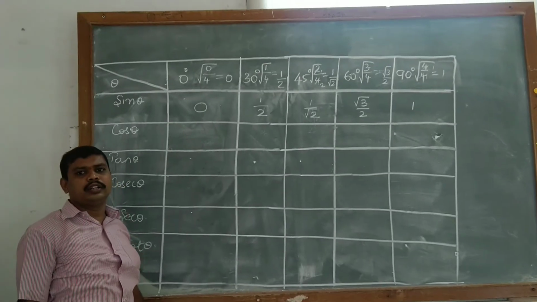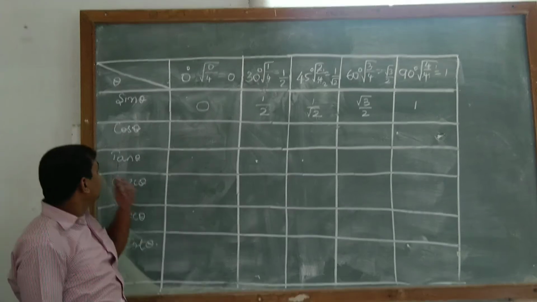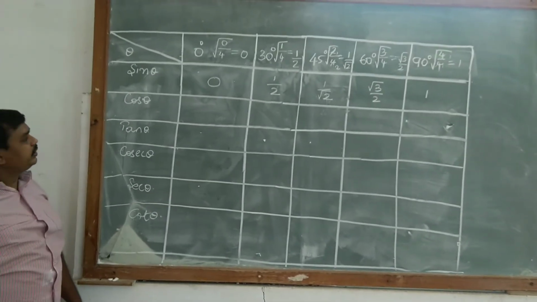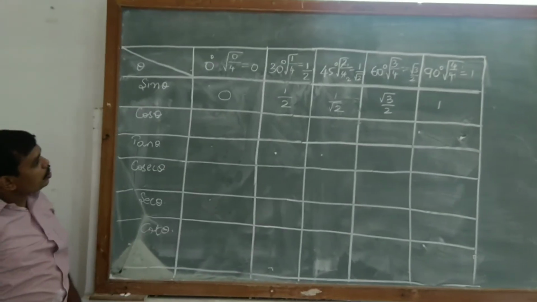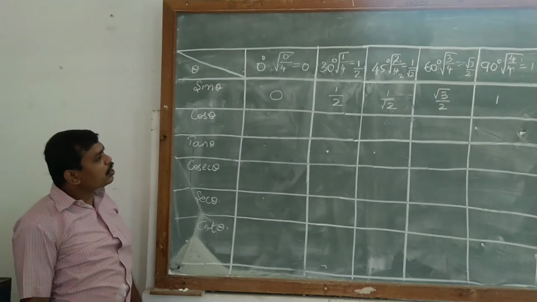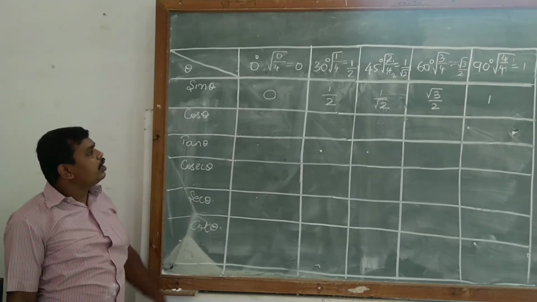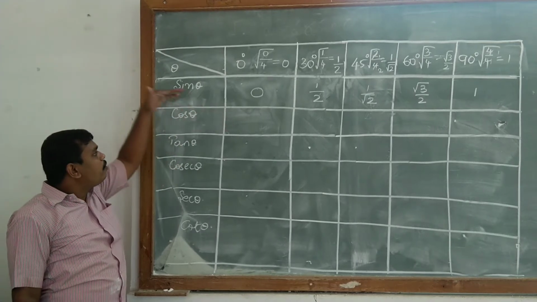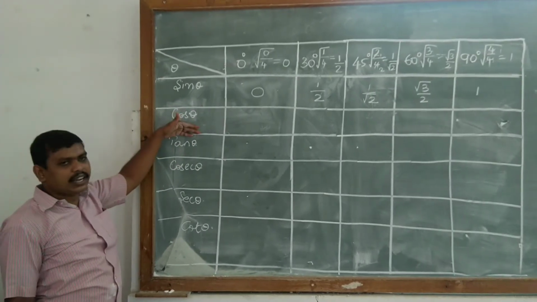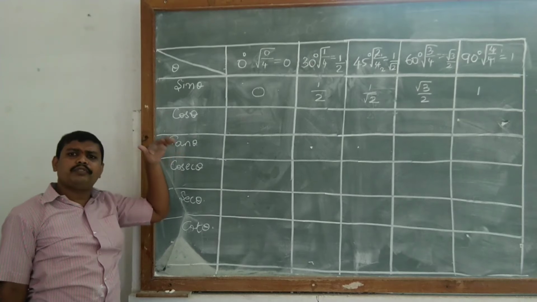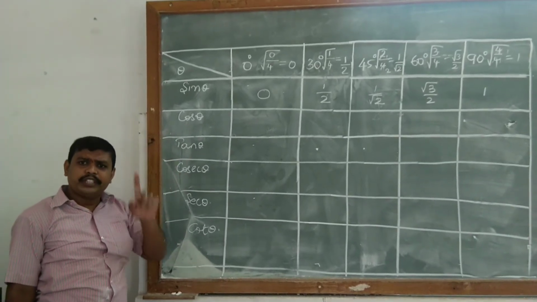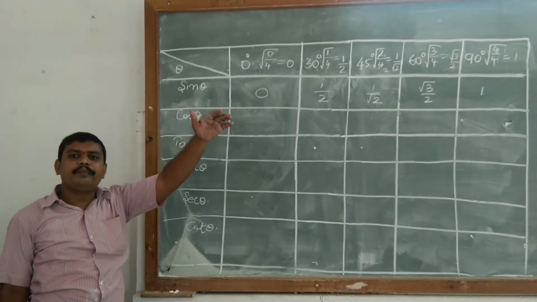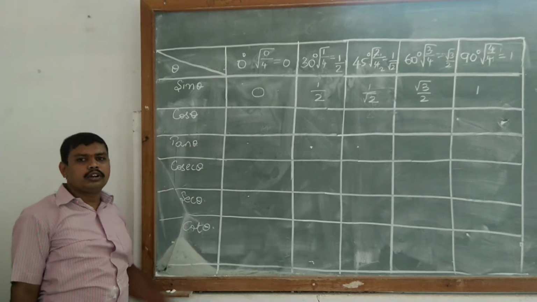Okay students? Right? Okay. Then what about cos 0? What we are going to do? Now we are going to write. This is from left to right for sin theta. How to write the values for cos theta? Again you need not write 0 by 4, 1 by 4, 2 by 4, 3 by 4 and 4 by 4. Just directly write from right to left for cos theta.